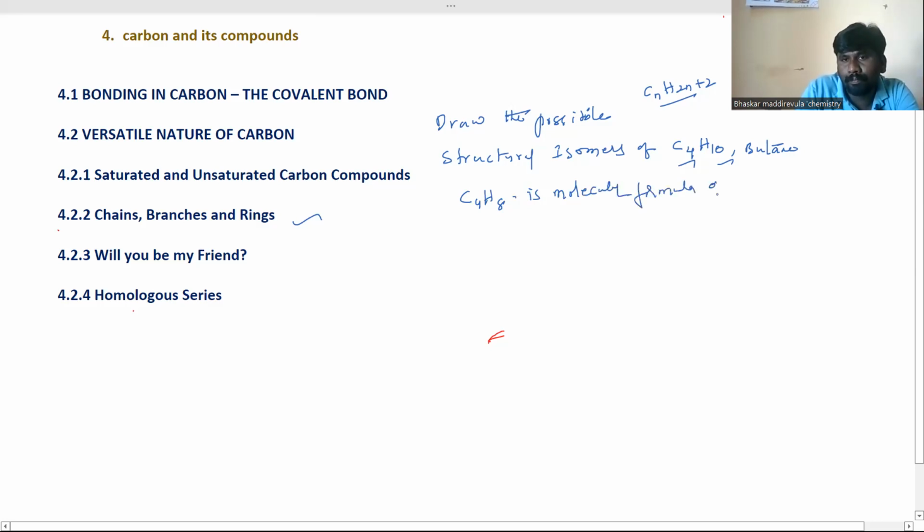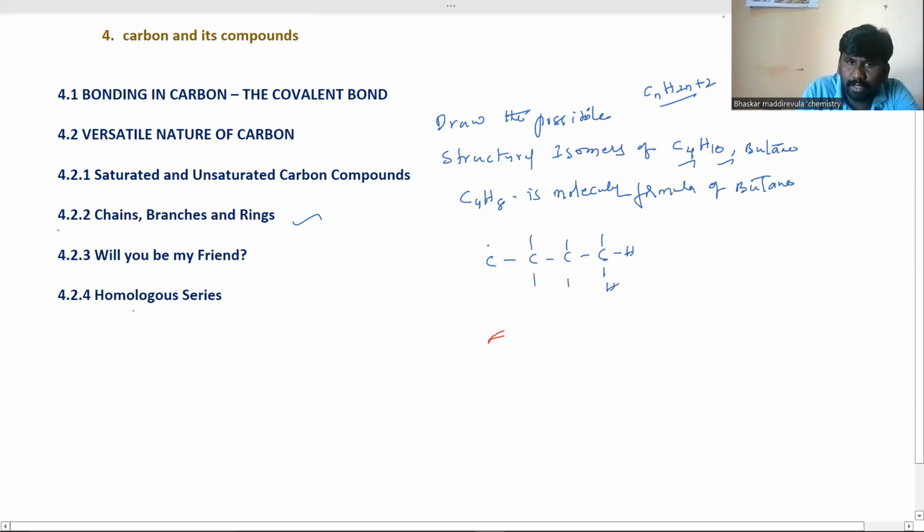Now if you see this butane, in two ways we are able to arrange the carbon chain. One is that we can arrange the carbons in a straight chain, and in the remaining places we can arrange the hydrogens.